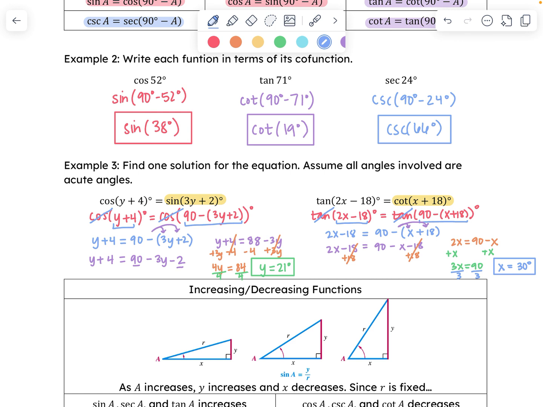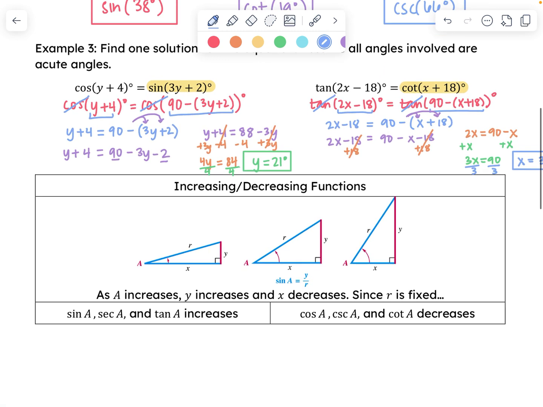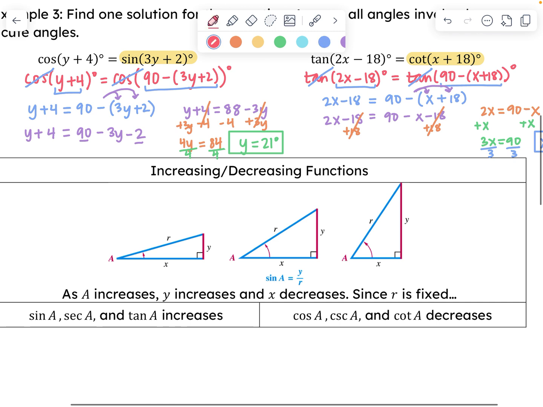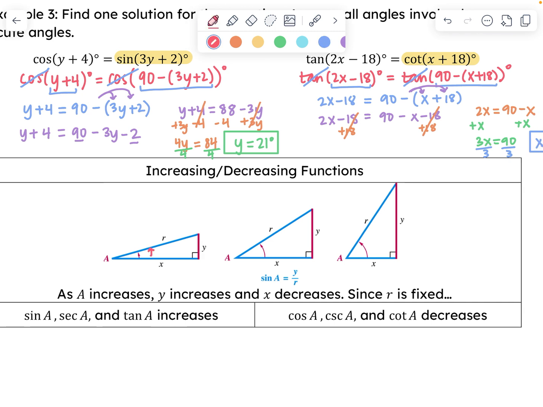The other thing that you can use your cofunctions to help you with is remembering how your functions either increase or decrease based off of the angle increasing. So I've got this table right here, and you can see as our angle increases, we start with a small one here, we get a little bit bigger in our middle picture and bigger in our last picture. The y is also increasing, so our opposite side is increasing, but you'll notice our x, our adjacent side, is decreasing.